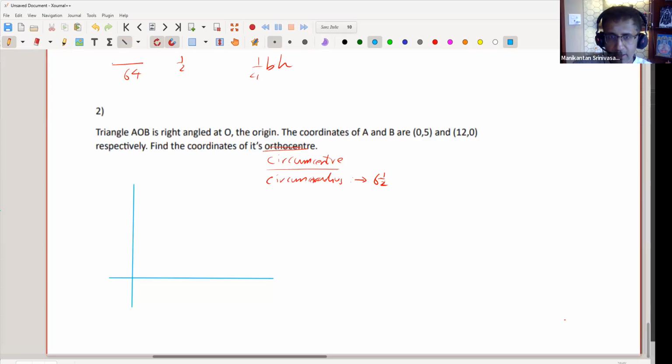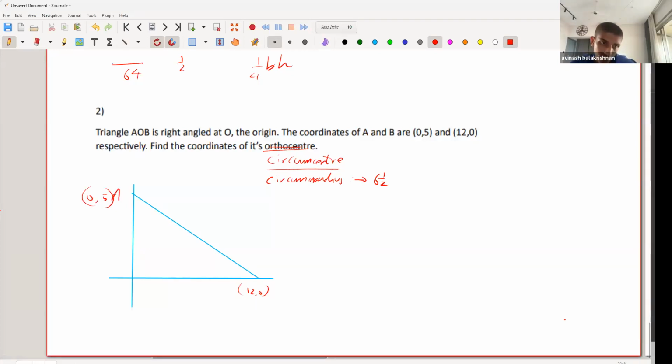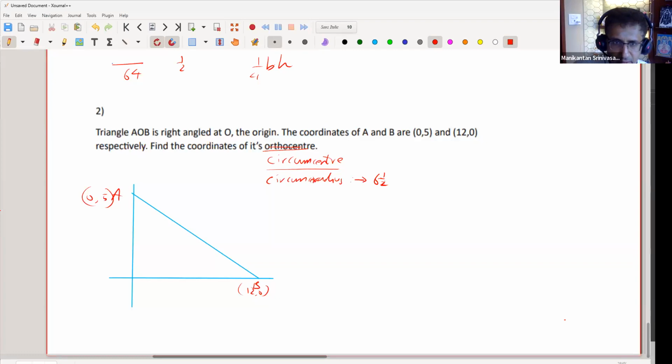So this is the diagram, right? You have the triangle 0, 5, 12, 0, right? So you have these 3 points. What is circumcenter? Circumcenter is the meeting point of the perpendicular bisectors, right?